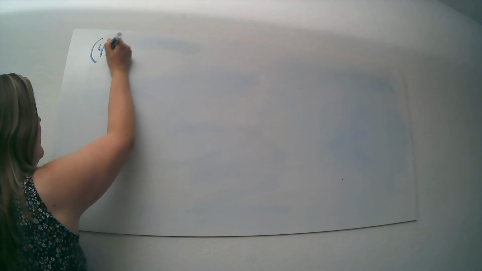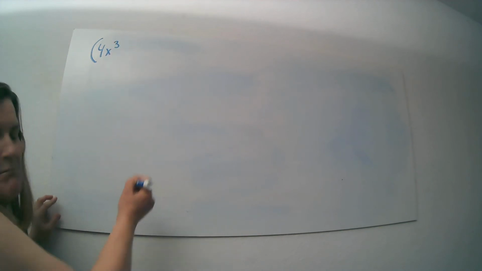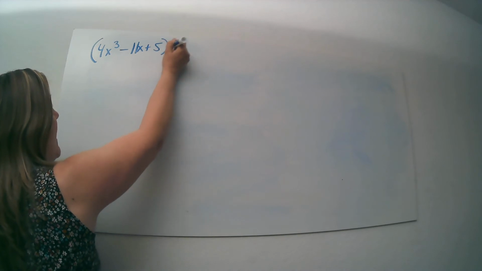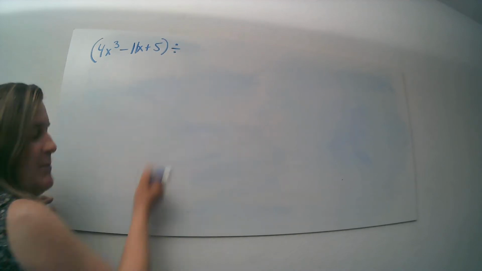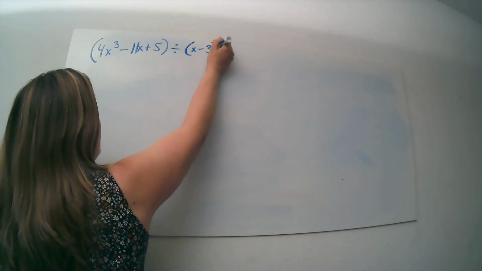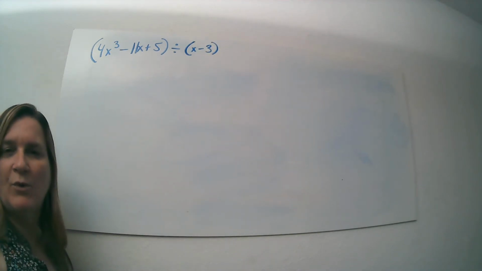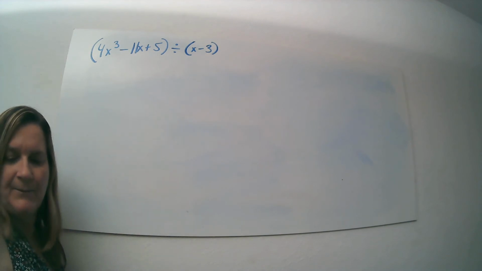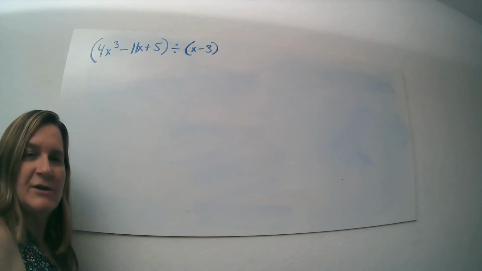So we're going to have 4x cubed minus 11x plus 5. And we're going to divide it by x minus 3. It doesn't matter if I write the division problem as a fraction or write it horizontally this way. We can still do our synthetic division.